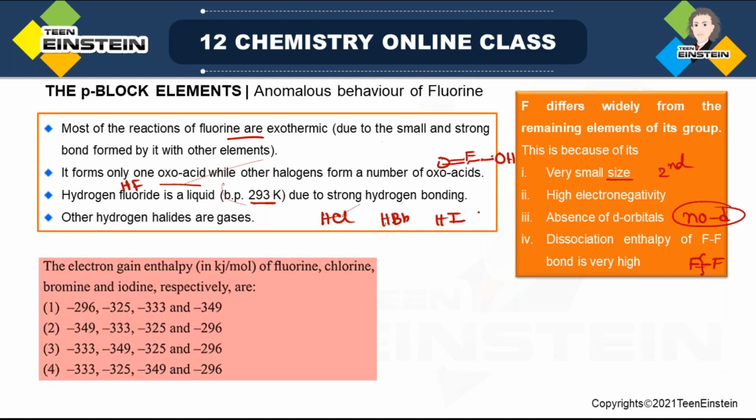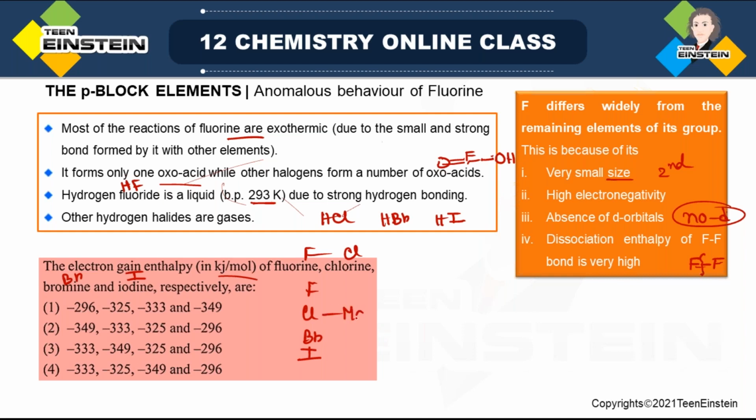Now we will discuss one problem. Electron gain enthalpy in kilojoule per mole for fluorine, chlorine, bromine, iodine, we have to choose. Now, electron gain enthalpy we have discussed in atomic properties of halogens in last class. And there we have seen as we are moving down, there is no gradual smooth increase or decrease.